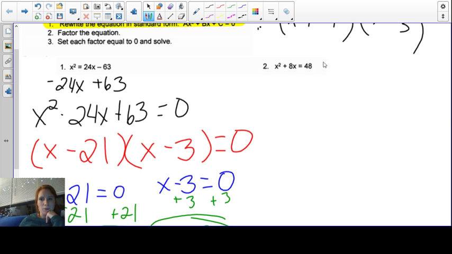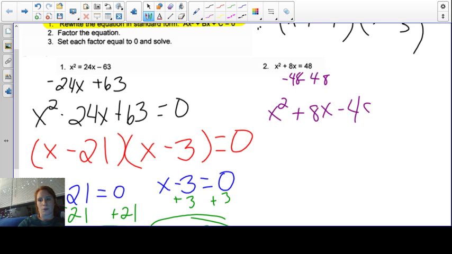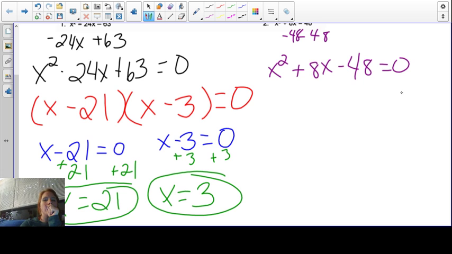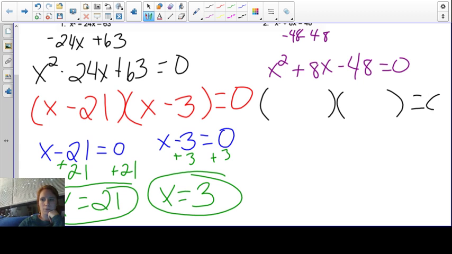I want to keep them positive, so I'm going to subtract 48. So I have x squared plus 8x minus 48 equals 0. Two sets of parentheses. I get x and x.